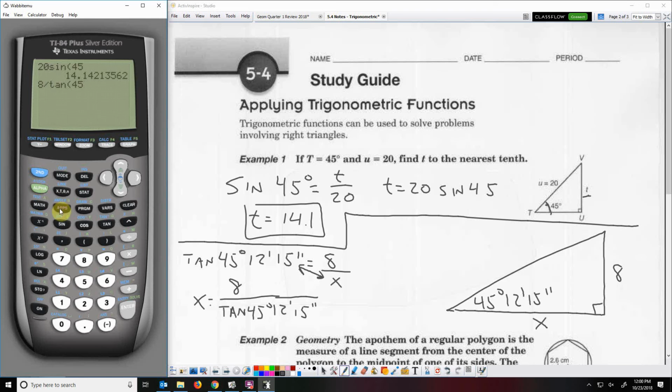Okay, so 45, option 1 is degrees, 12, and then option 2 is minutes, and then 15, and for seconds, it's right here, it is alpha plus. Alpha plus gives me seconds. So I've got 8 divided by tan 45 degrees, 12 minutes, 15 seconds, and to the nearest tenth, I get 7.9.